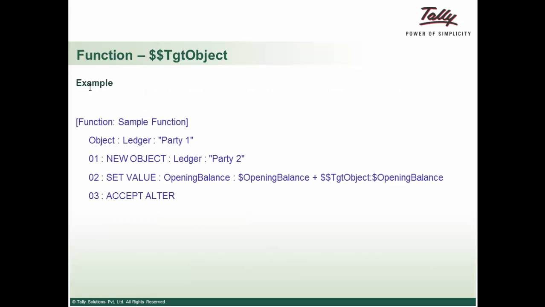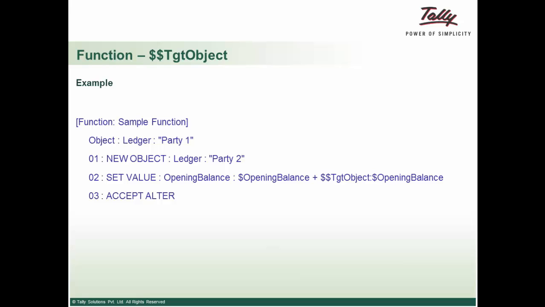This is an example. Object colon ledger colon party 1. So my source object is party 1. New object ledger, so that's my party 2 becomes my targeted object. Set value colon opening balance. This opening balance refers to party 2 opening balance.